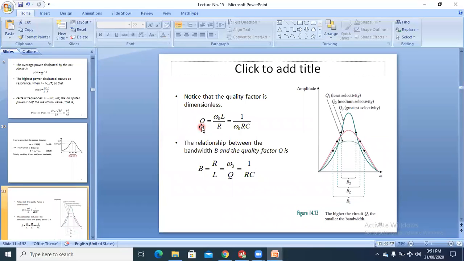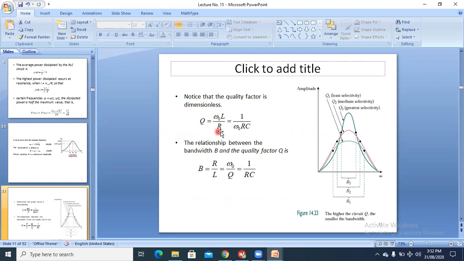So this quality factor is omega naught L by R, or 1 by omega naught RC, and we can say that the bandwidth of the circuit is omega naught by Q. So this quality factor will help us to determine the bandwidth of the circuit, and that is in fact omega naught by Q from this relationship.